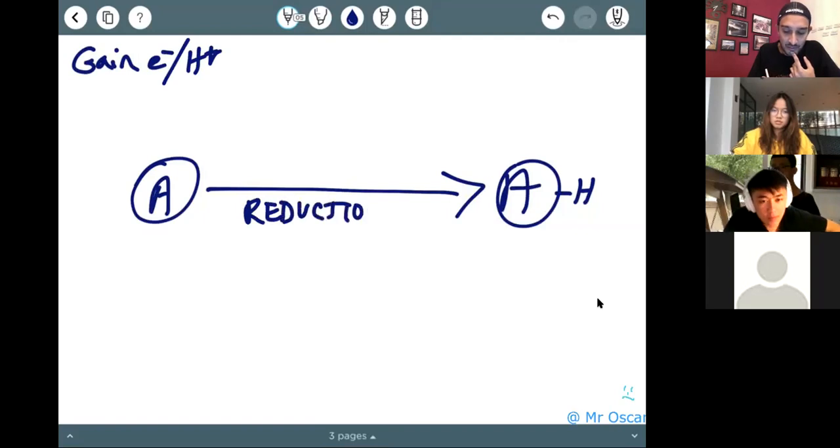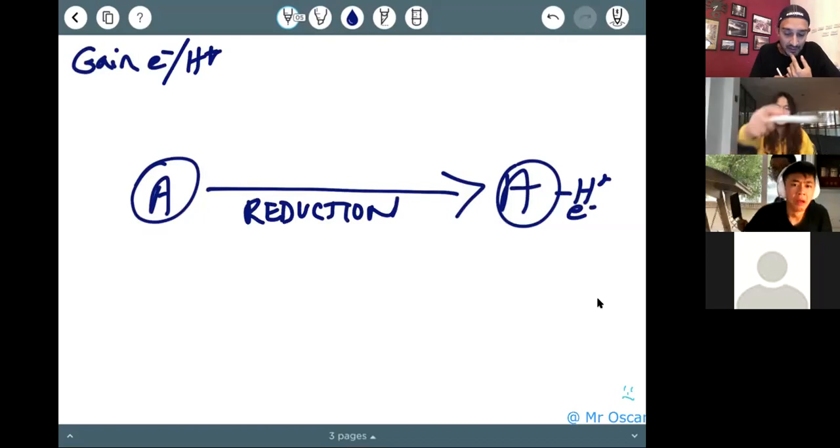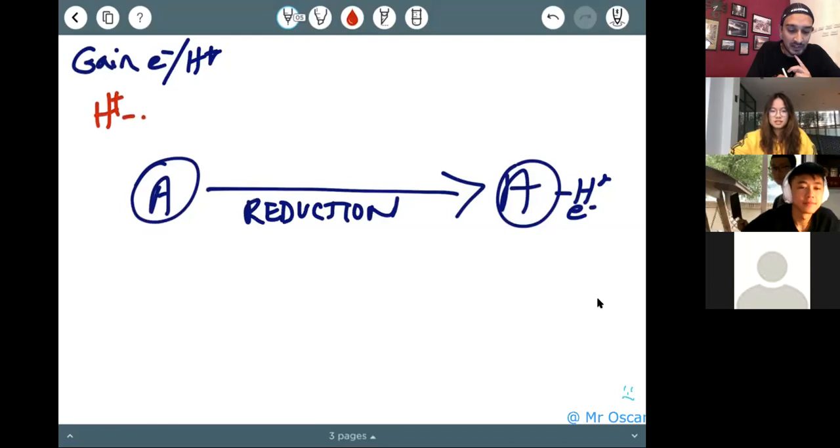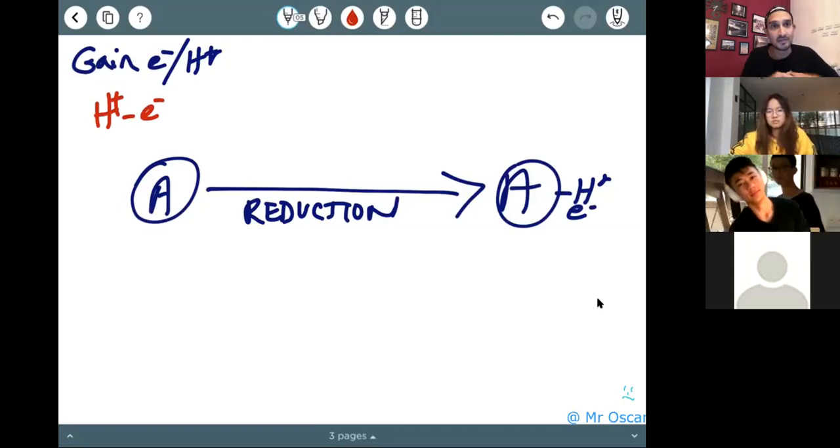With this, we assume that with this hydrogen comes one electron. For bio purposes, let's pretend that hydrogen always comes connected with an electron. So if I say it loses a hydrogen, I'm also saying it loses an electron.